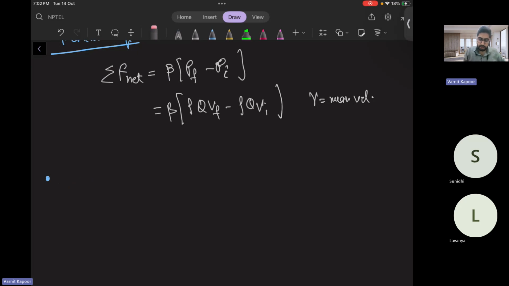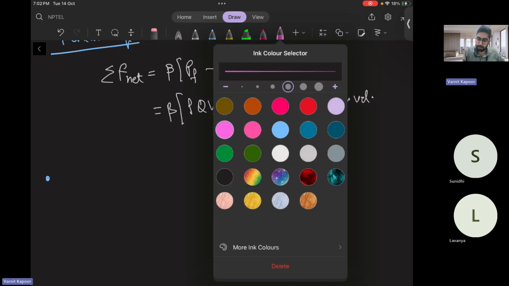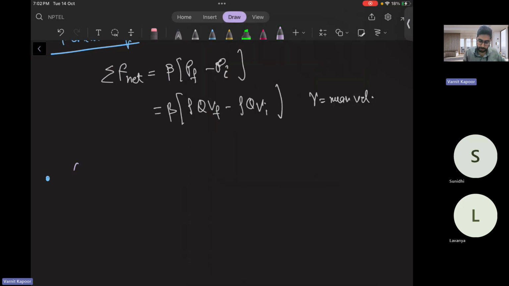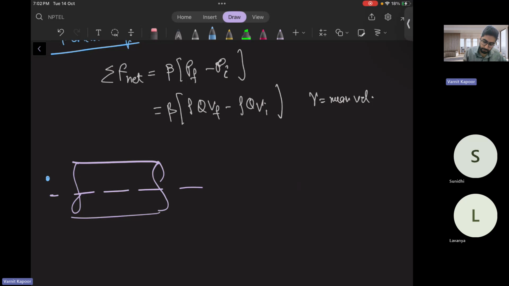And similarly, in the Bernoulli equation, or let us say the energy equation, suppose I have a pipe like this. At this section, I know the actual velocity profile is this, and the mean velocity profile is this. Okay, so there is a loss eventually.